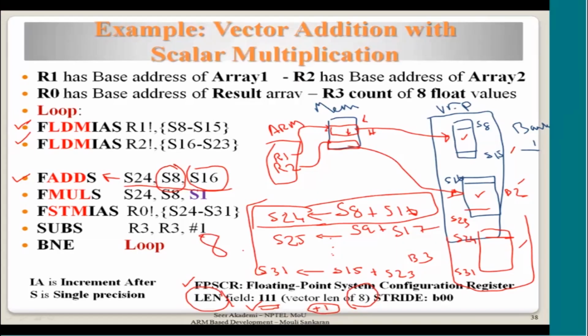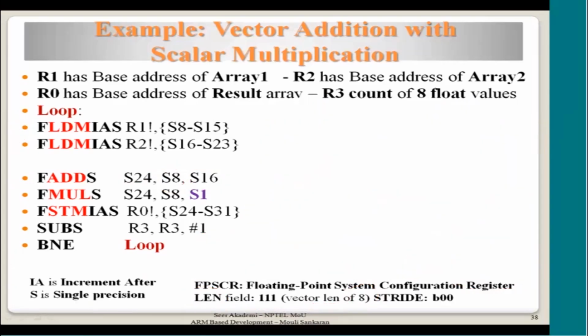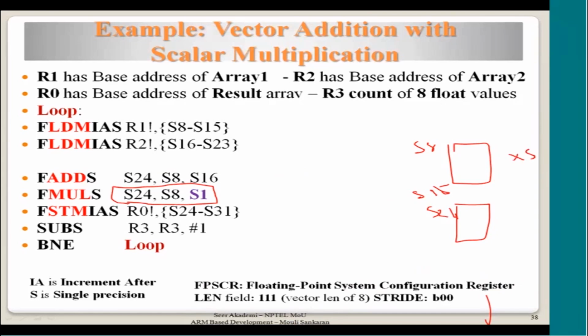Remember, now let me erase the whole thing. No harm. You remember these banks now. I wanted to show you one more example of a scalar operation. Here again there are two banks. The input banks are S8 to S15 and S24 into S1.